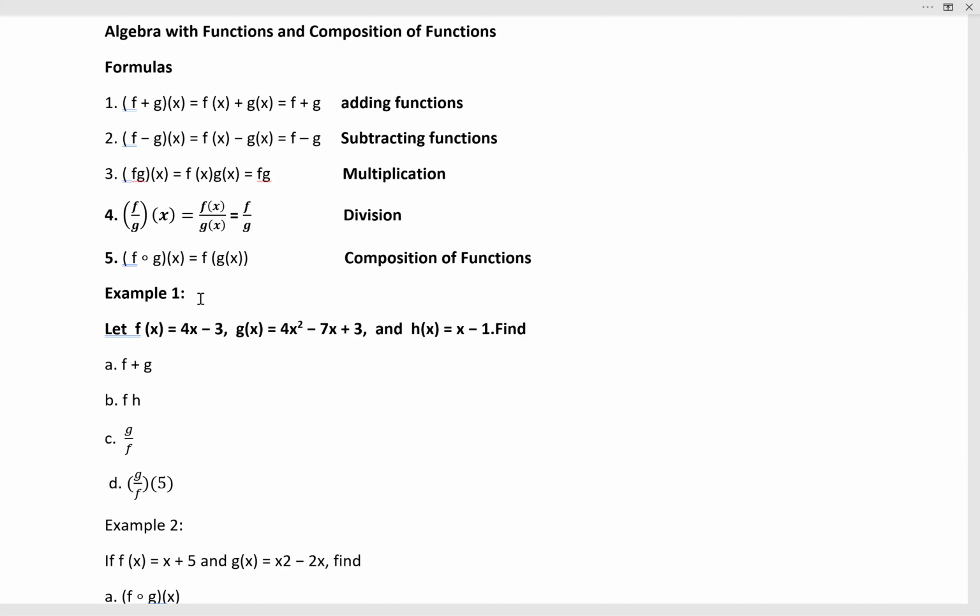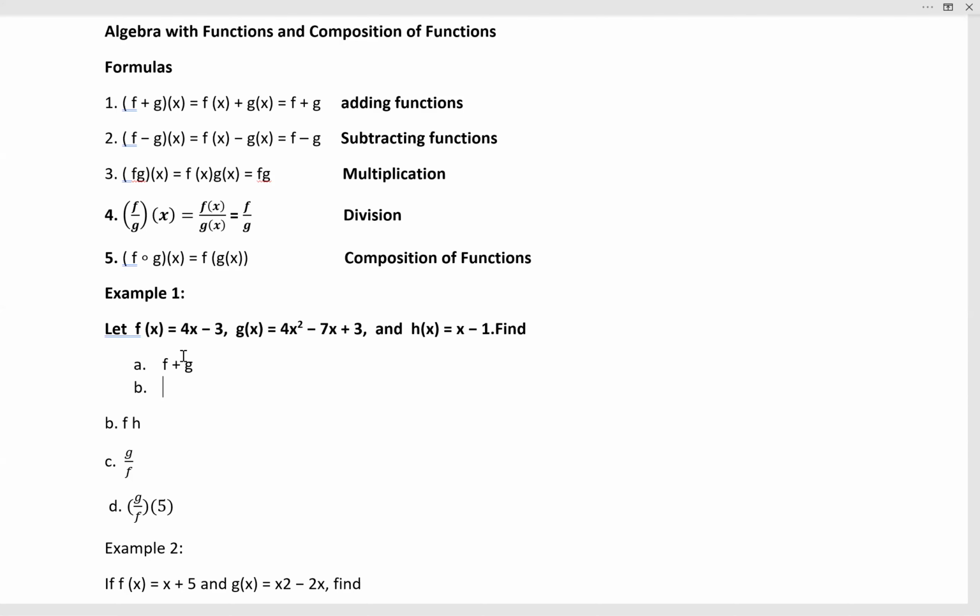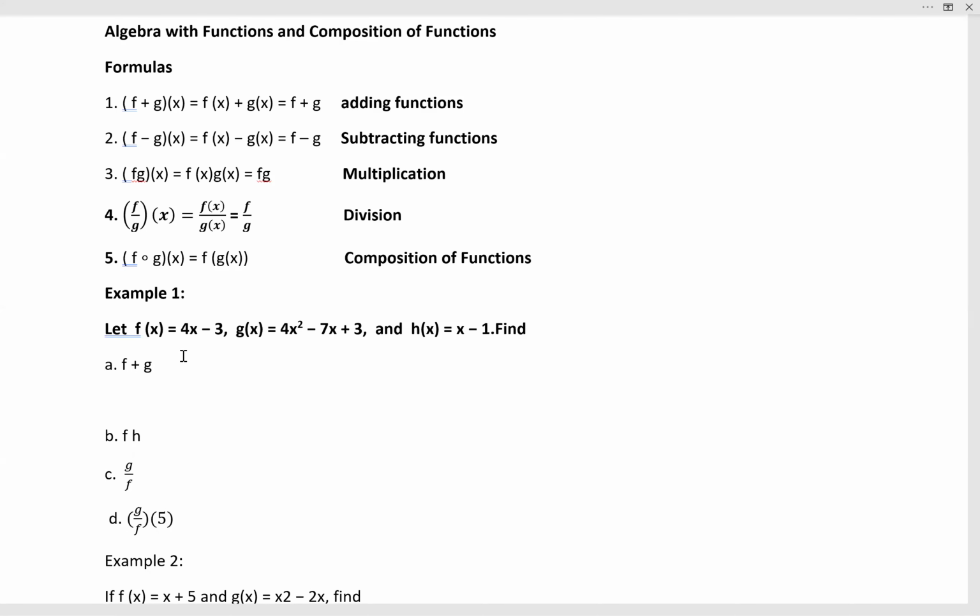And then I want to find, okay, column A, f plus g. So this is adding two functions, which is f(x) and g(x). So I'm going to use formula number 1 here, adding two functions.